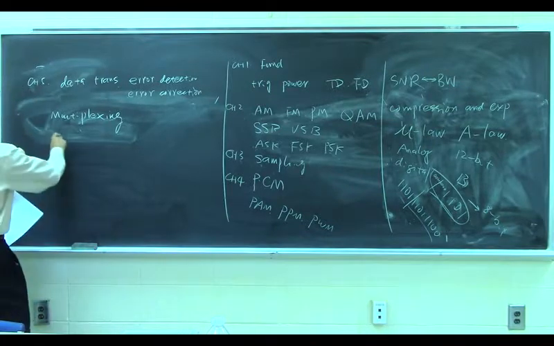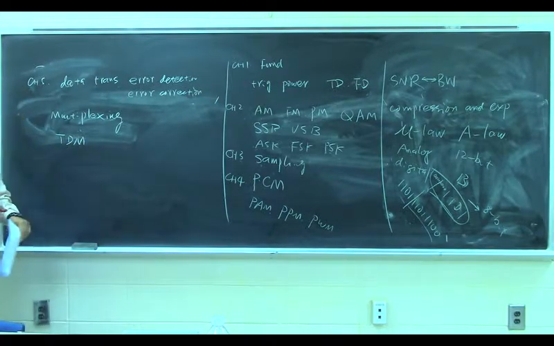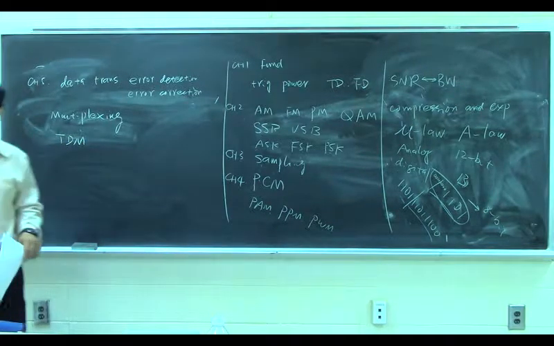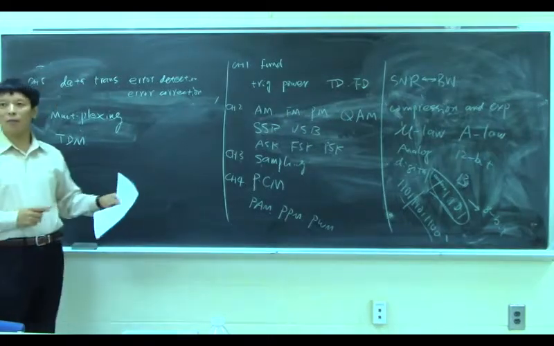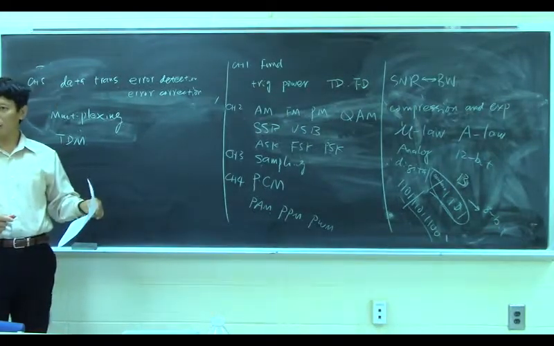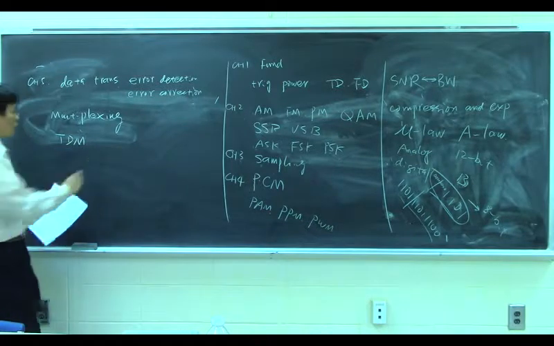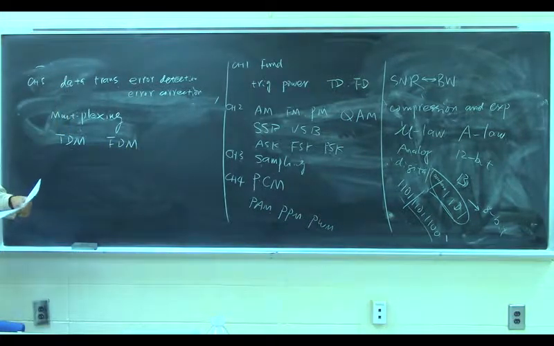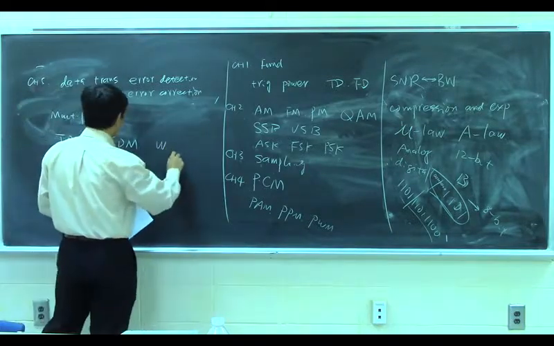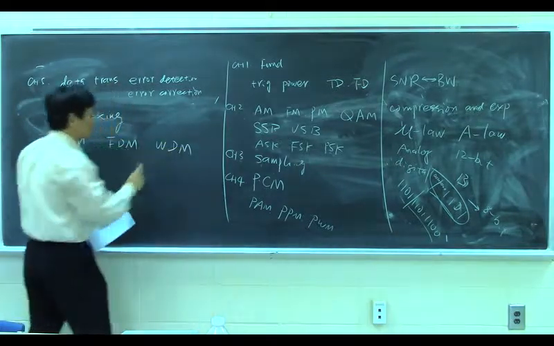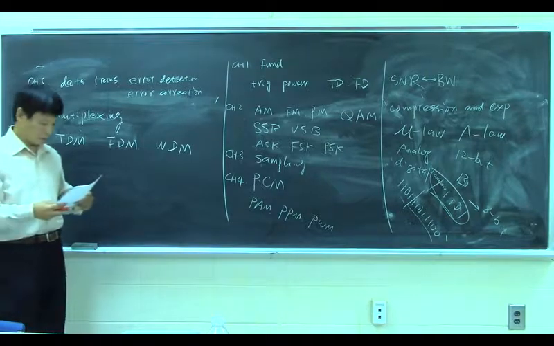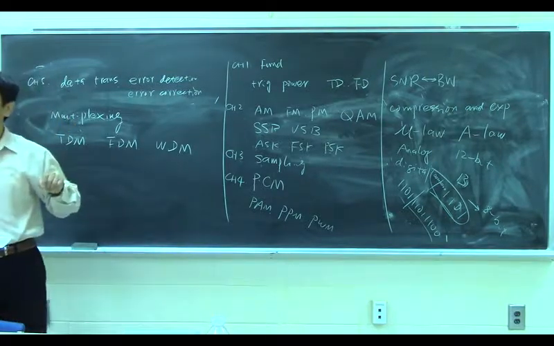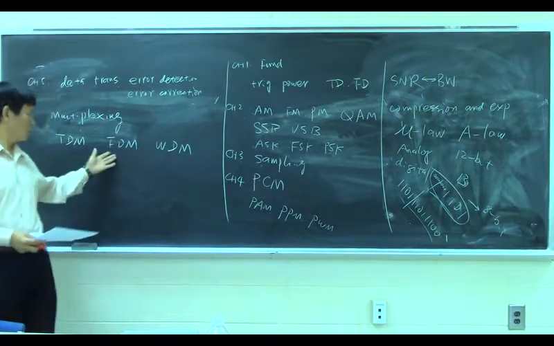If we transmit multiple signals with the same frequency, then that will be called frequency domain multiplexing. And the next one is wavelength domain multiplexing.